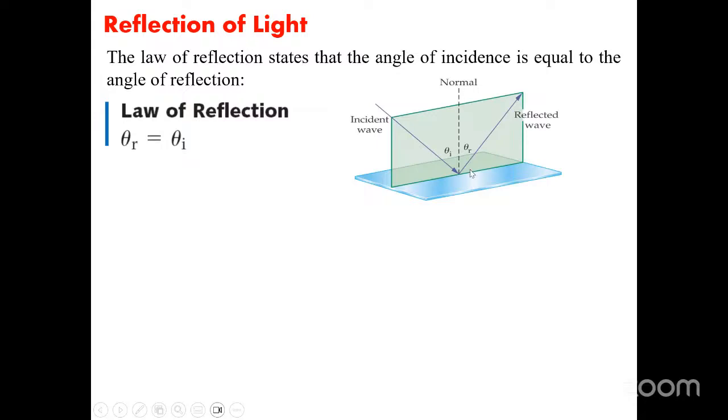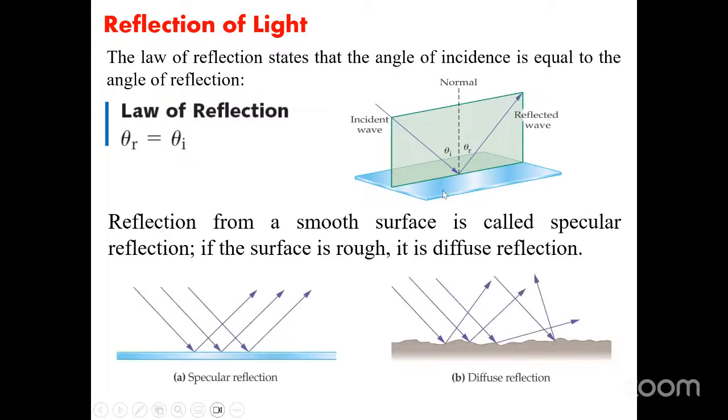This is the normal, incident ray, reflected ray. Reflection from a smooth surface is called specular reflection. If it is rough, it is diffuse reflection. Is it clear? Specular and diffuse.